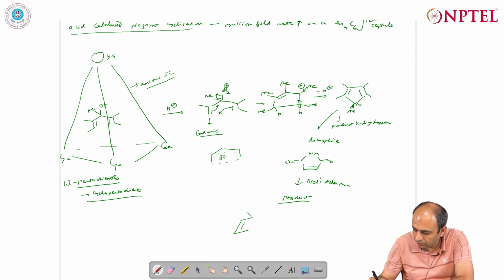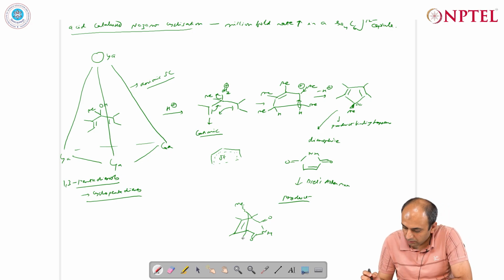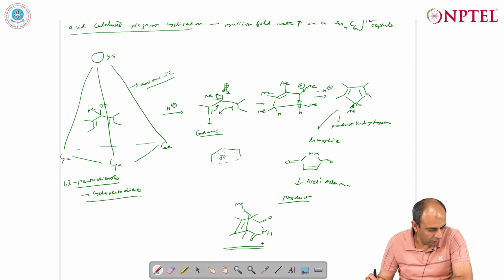The Diels Alder adduct which is formed is this one, NH, and the stereochemistry here is not defined, but we have the methyls, the 4 methyls. So, this particular product is formed.